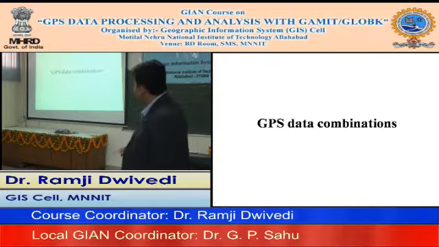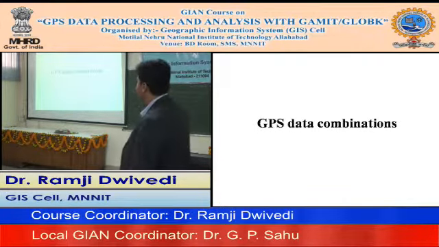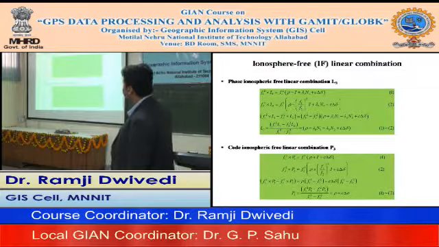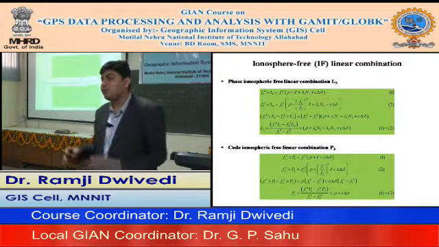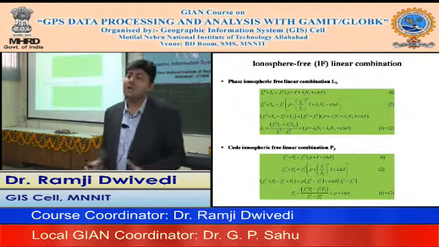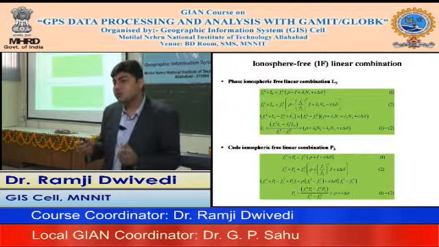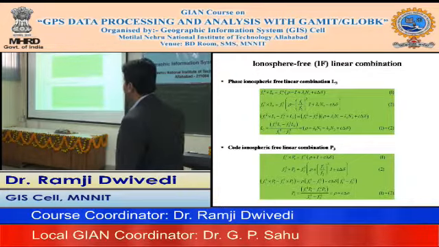Okay, so we are coming to the GPS data combinations. What are those combinations, the prime combinations, and what is the usefulness of those combinations? We have the ionospheric free linear combination. What if you don't want, or you don't have access to, the models which are available? How could you use those prime observables, which are nothing but the carrier phase measurements on L1 and L2, to get this free combination?